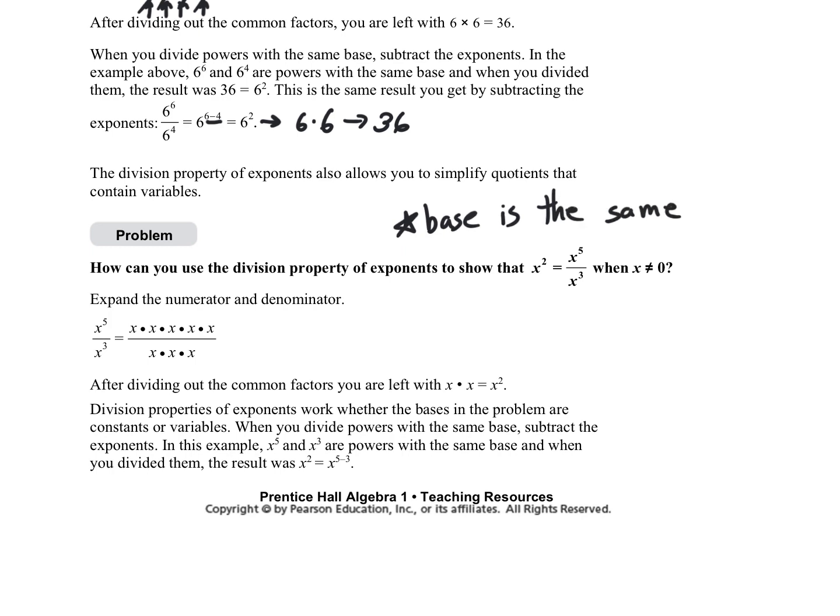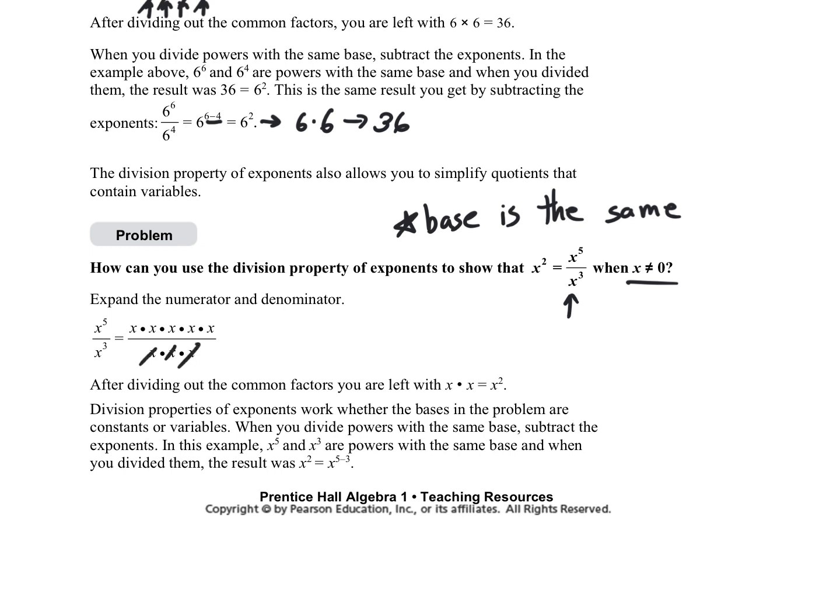For example, x to the 5th over x to the 3rd is going to equal x to the 2nd, as long as x is not 0. x cannot be 0 because in the denominator we cannot have a variable equaling 0. After dividing out the common factors, you're left with x times x, which is x squared.